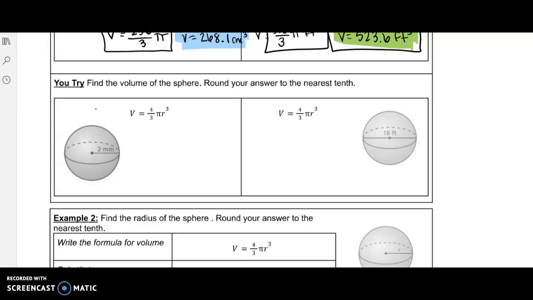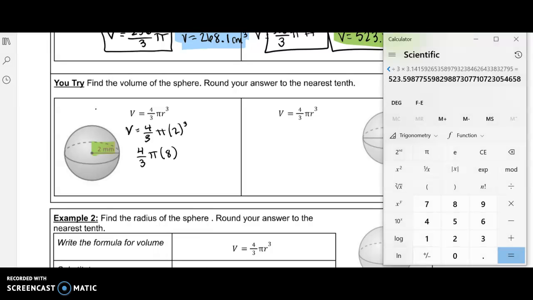All right, so our radius is 2. So we have volume equals 4/3 times pi times our radius, which was 2 to the 3rd power, or 2 times 2 times 2. So we have 4/3 times pi times 8. So again, you multiply that top number times our whole number.